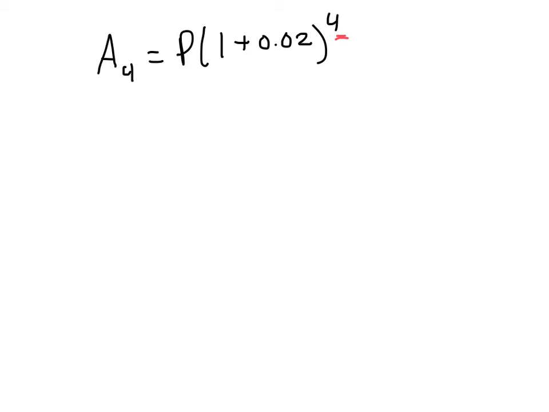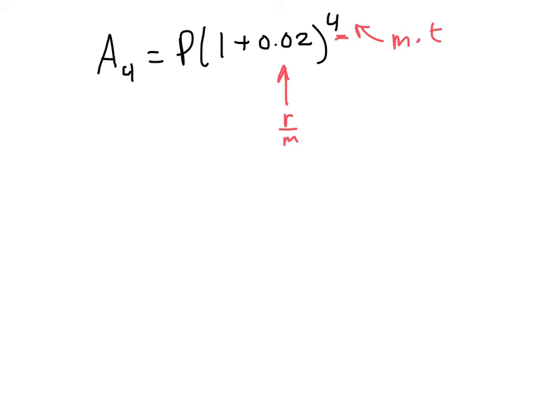Now, let's think about where these pieces came from. This 0.02 is really just our R divided by M. M was the number of times a year that we were computing or compounding the interest, and R was our interest rate. This number here came from multiplying our M times our number of years, which was 1.